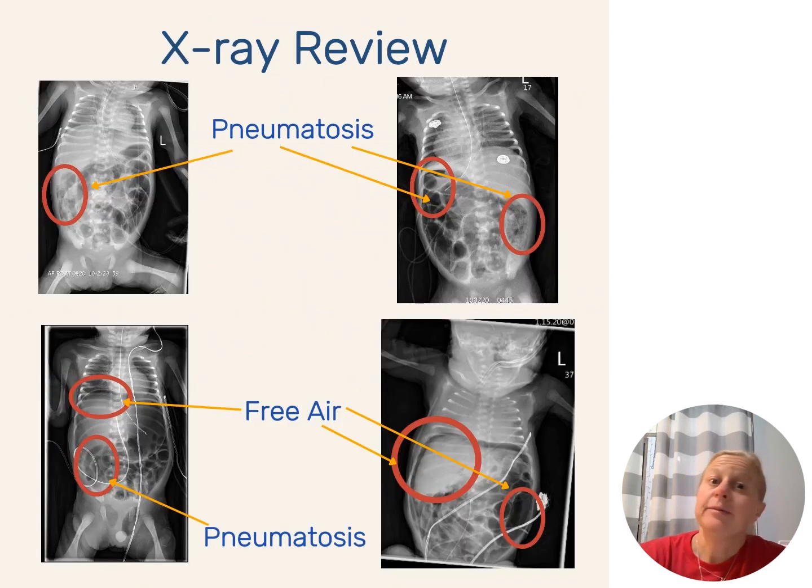So again, I'm not a radiologist, definitely don't want to be one. And so let's look at these x-rays through the eyes of what would I be seeing to be like, oof, this looks a little rough around here. So in the top 2 x-rays, we are seeing areas of pneumatosis where it's kind of along that bowel wall. Some people would describe it as soap bubbles.